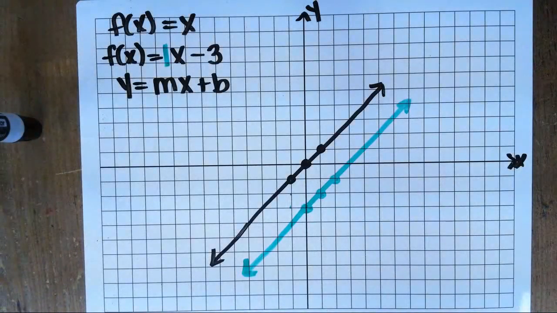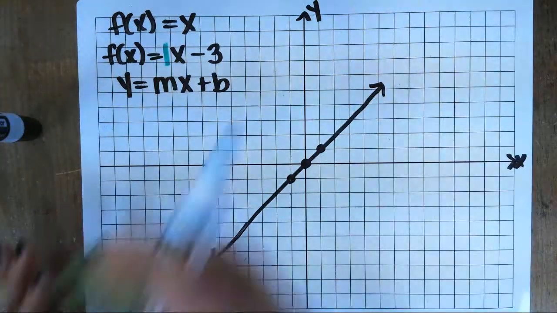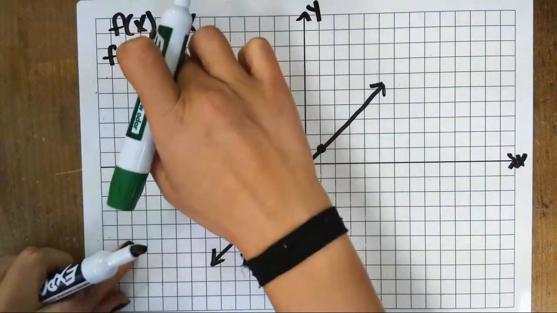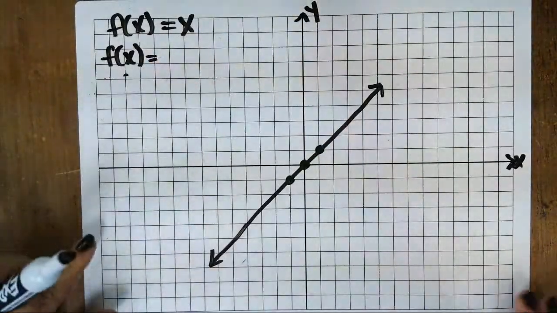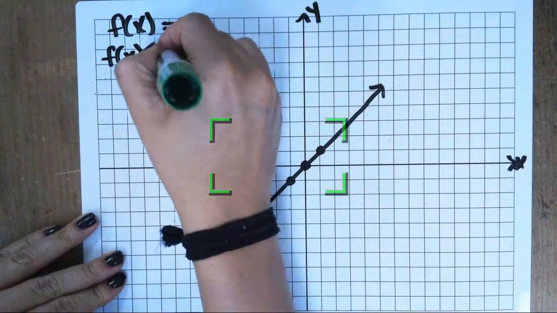So they have each gone down by 3 units. So now what happens if instead of changing my y-intercept, what happens if I use a different slope? So let's say I have a slope of 2x.